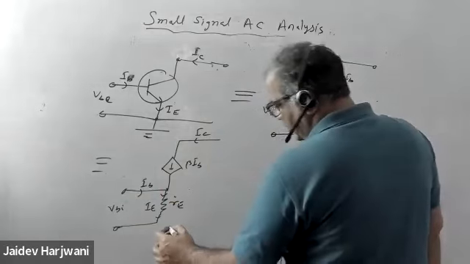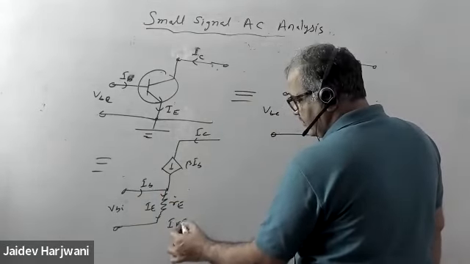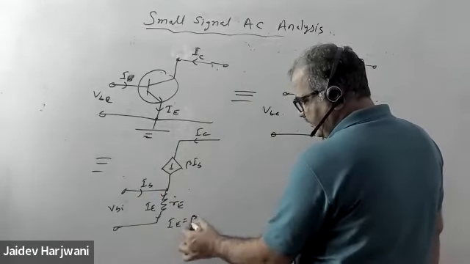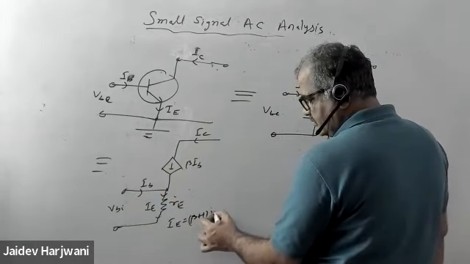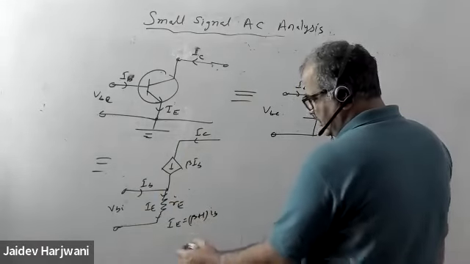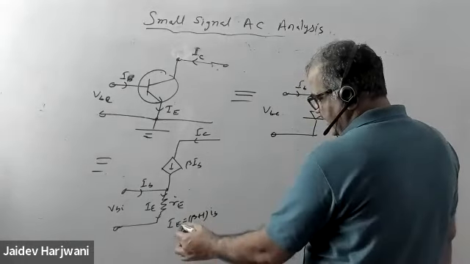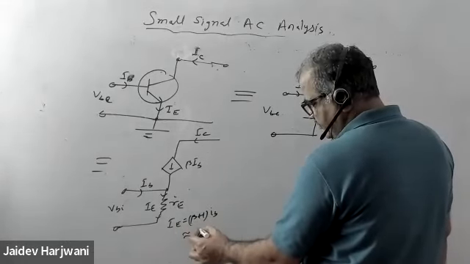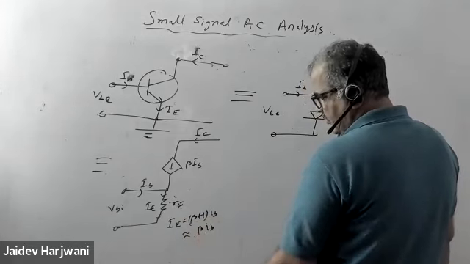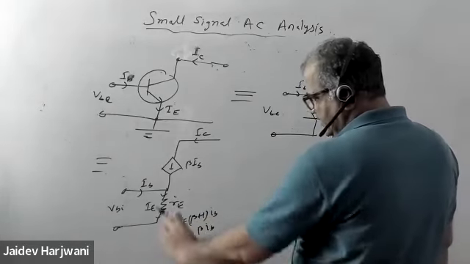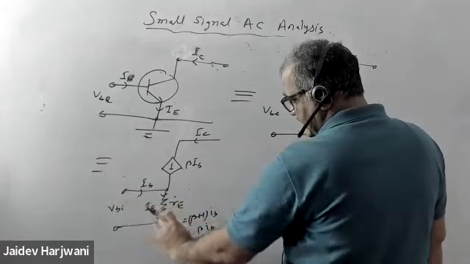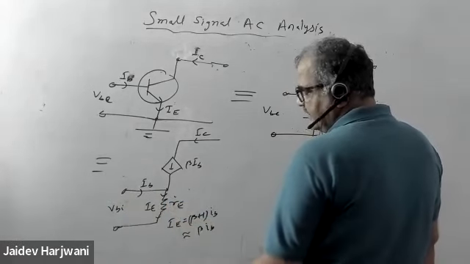So we know my IE is what? My IE is beta plus 1 IB. Or I can also write, if beta is greater than 1, IE is almost beta IB. So the voltage VB here becomes beta IB RE.